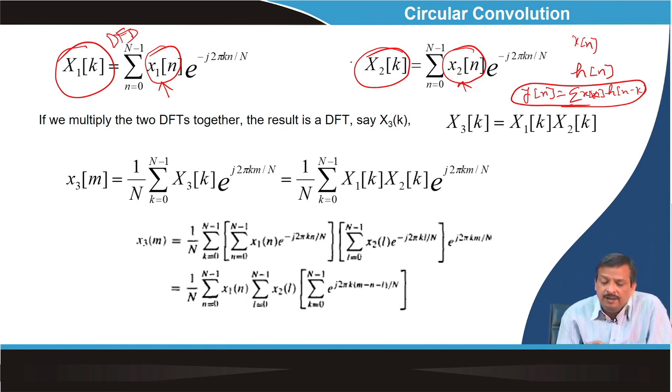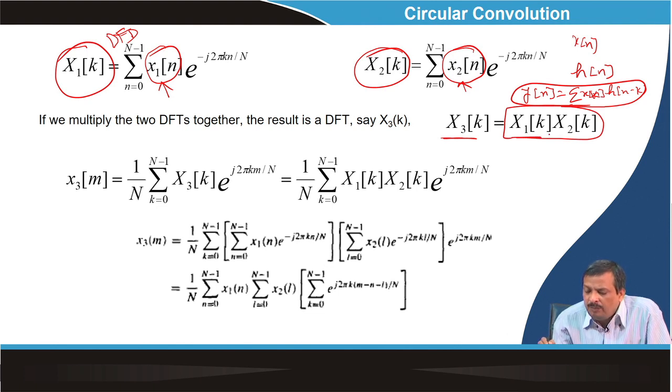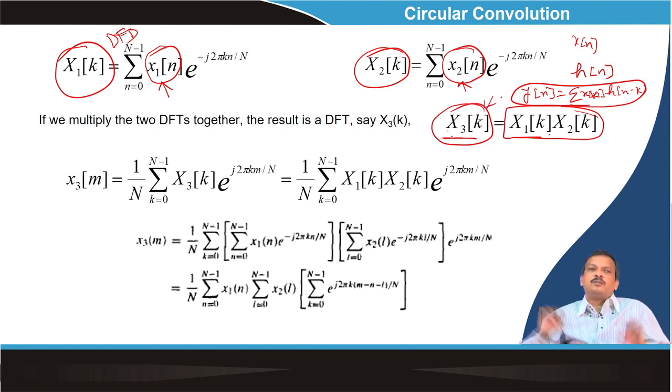Now, if I take the product of these two, X1[k] multiplied by X2[k], the product is another signal, which is capital X3[k].